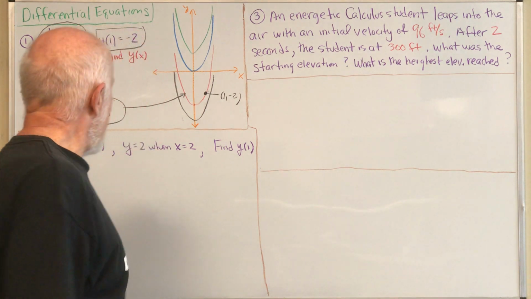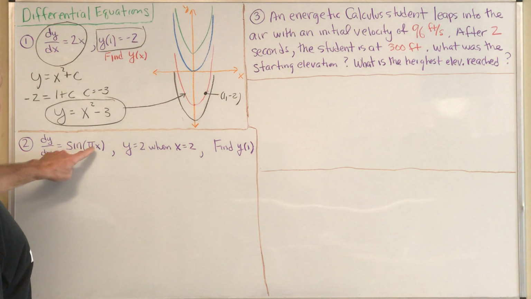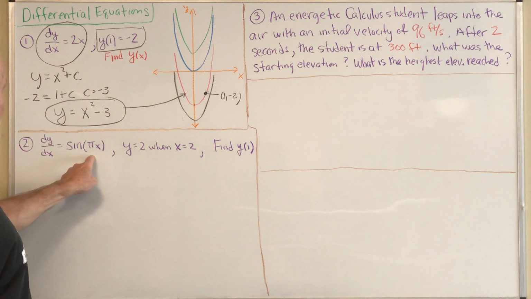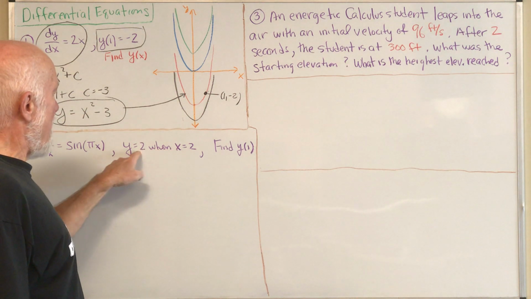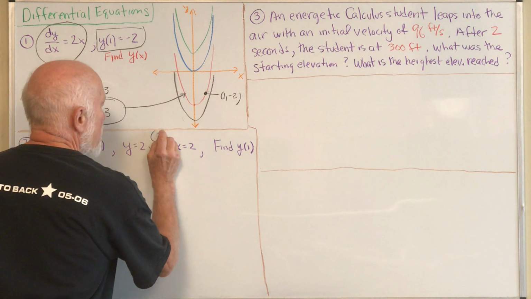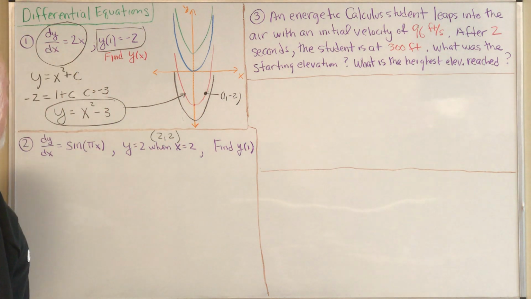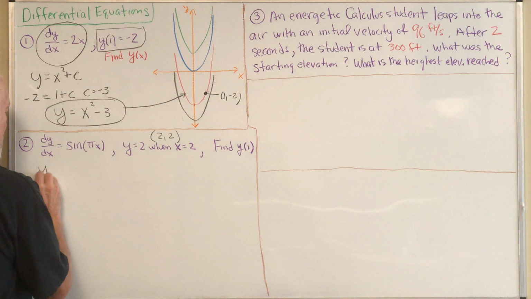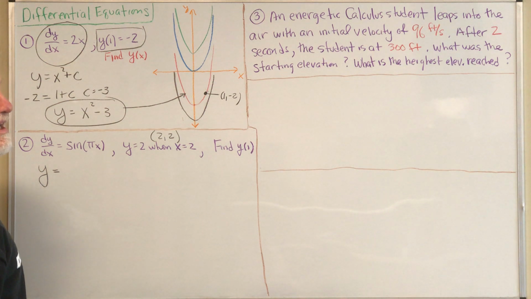So let's proceed on to one that's a little more difficult, but the same thing. This is our differential equation, and this is our initial condition. Y is 2 and x is 2, so it has the point (2, 2) on the function we're looking for. What we have to do is first take the antiderivative of this function.